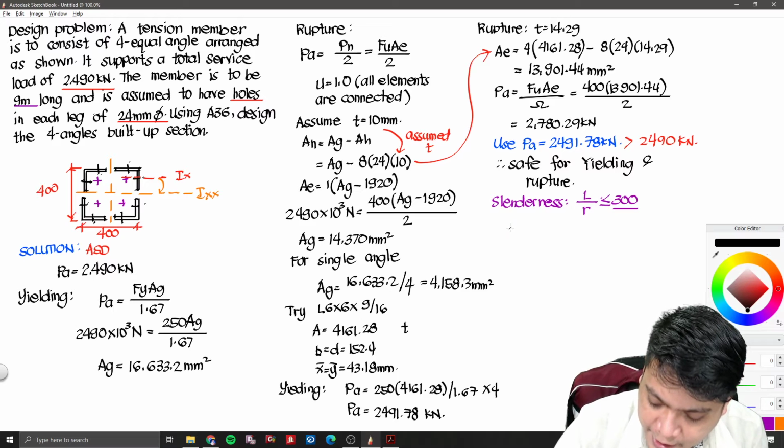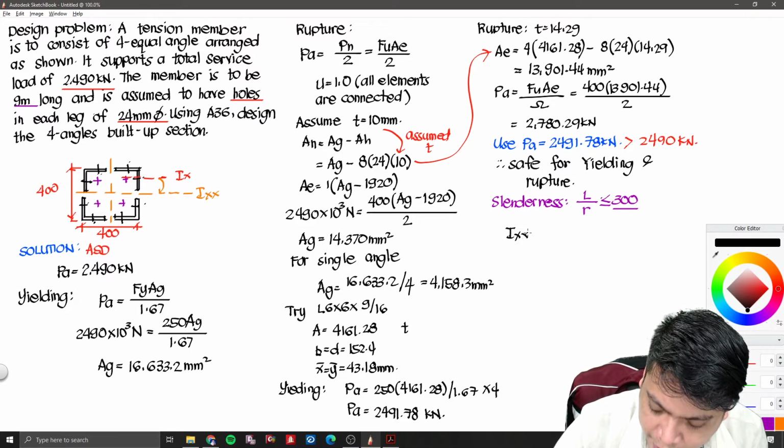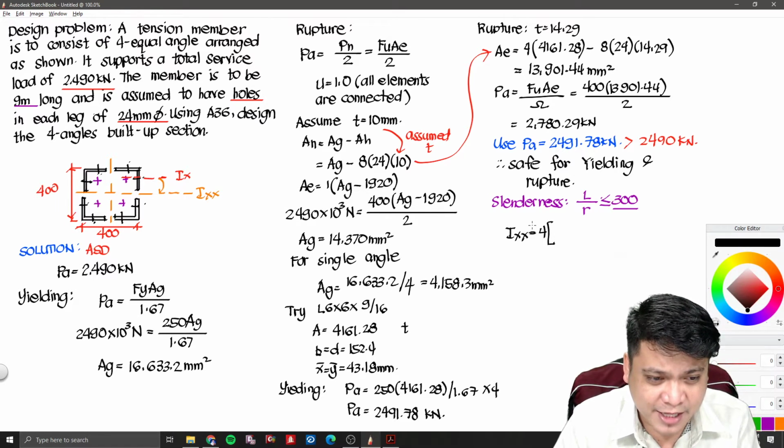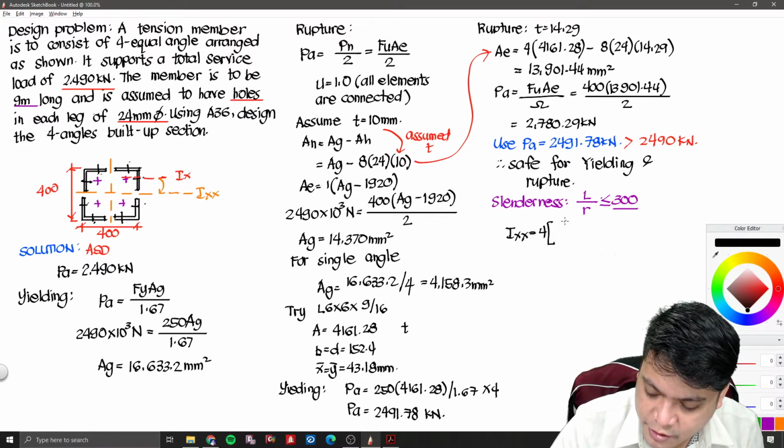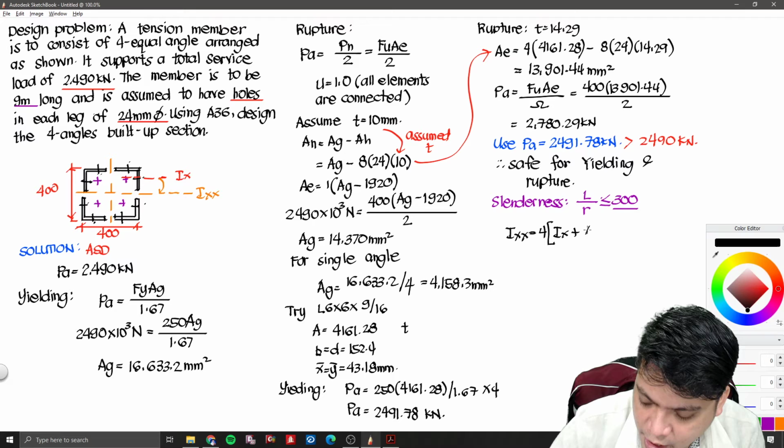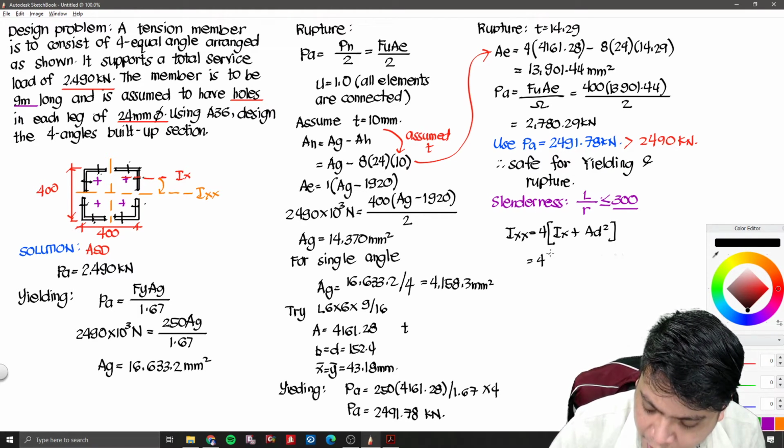So for the IXX, I will transfer the four angles. How do we transfer? You have here the IX plus AD squared, for the four angles.